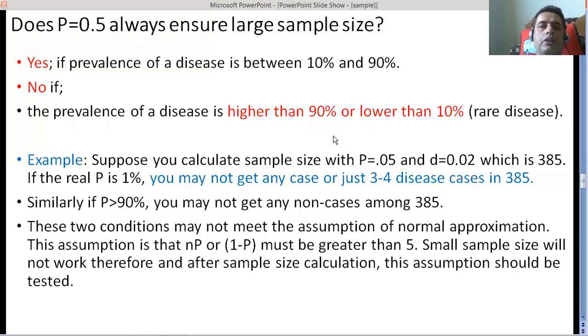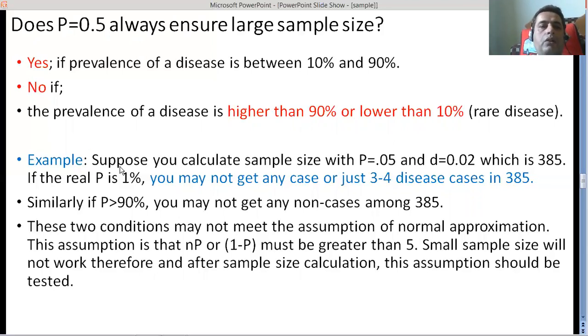If the prevalence is more than 90%, the disease is highly contagious or highly endemic, or if the disease is rare, less than 10%, then this value of P of 50% or 0.5 would not work, or would not give you the real sample size.